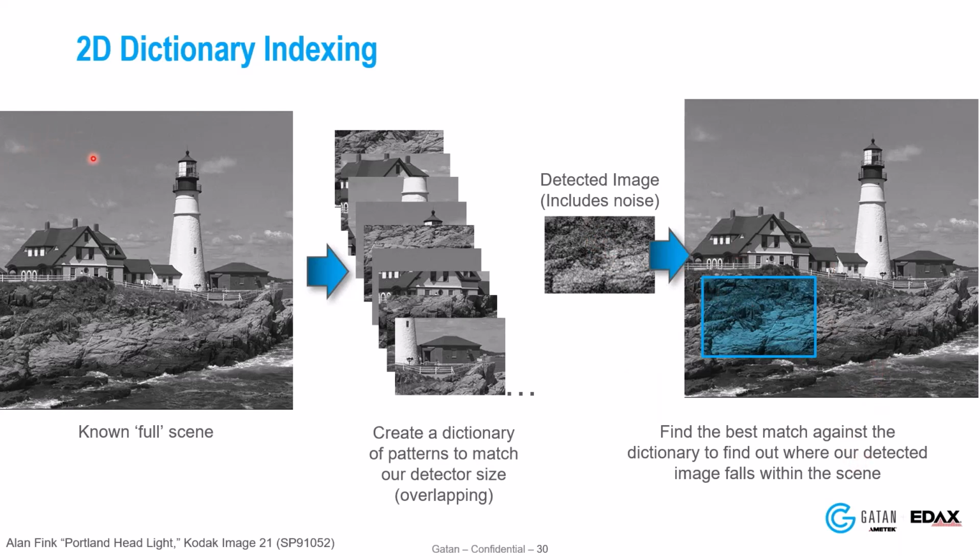So this would be our entire master pattern. This is our dictionary. This is our experimental pattern. We do our cross correlation. We find this is the part that matches the best. And things like our sampling would determine where we draw the different squares to match against. So this is just a 2D representation of what we've defined as dictionary indexing.